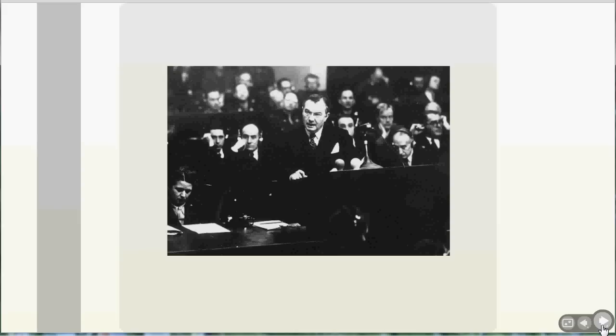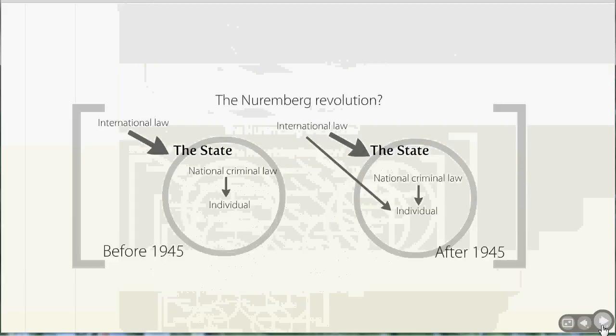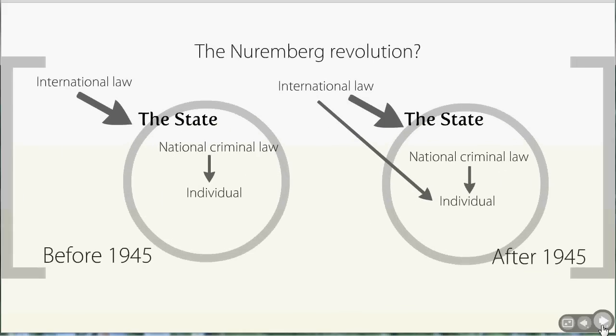But the transformation that we normally think of Nuremberg as having made in international law is that before 1945, international law was thought only to apply to the state, and the state provided a hard shell, as it were, around national affairs. So if you wanted to punish an individual, they could only be punished under national criminal law, my picture on the left.